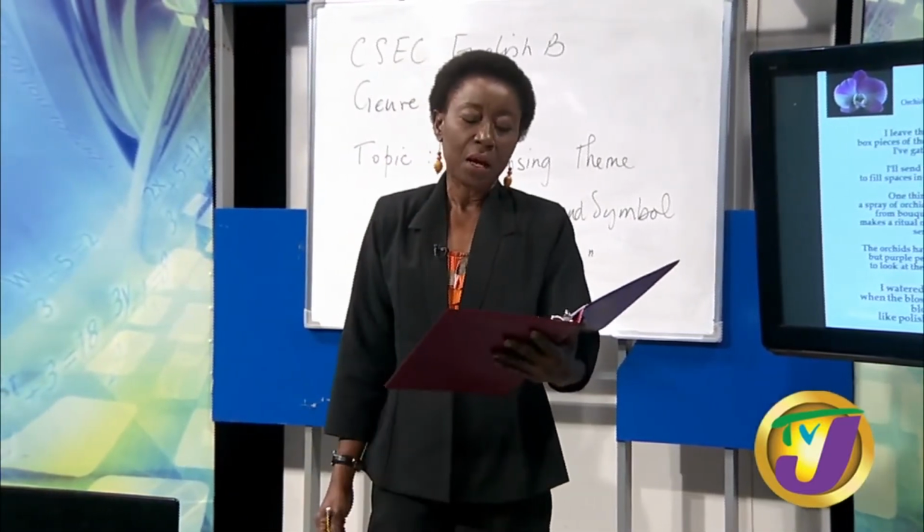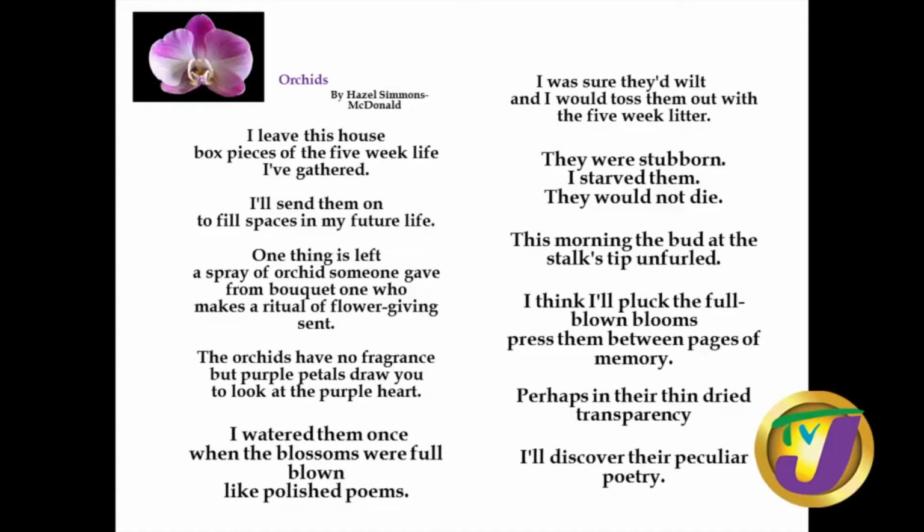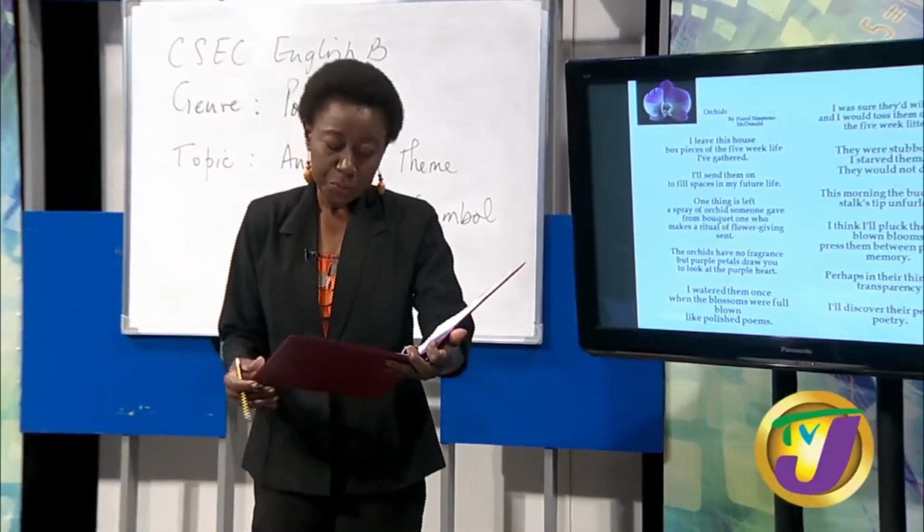I leave this house, box pieces of the 5-week life I've gathered. I'll send them on to fill spaces in my future life. One thing is left, a spray of orchids someone gave from bouquet, one who makes a ritual of flower-giving scent. The orchids have no fragrance, but purple petals draw you to look at the purple heart. I watered them once, when the blossoms were full blown.